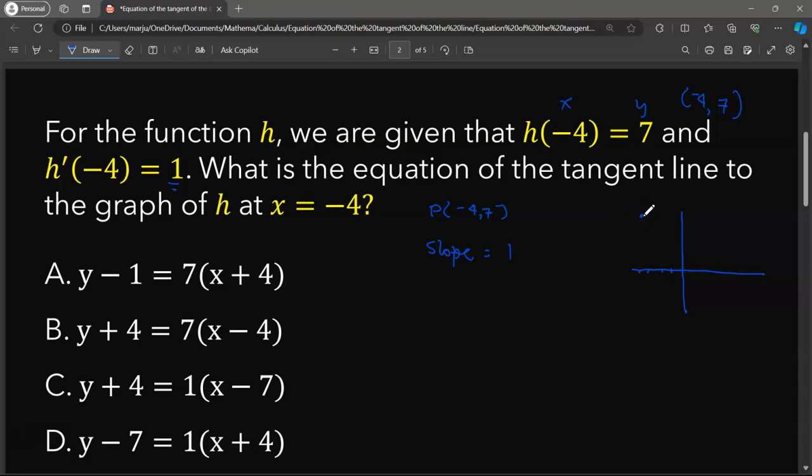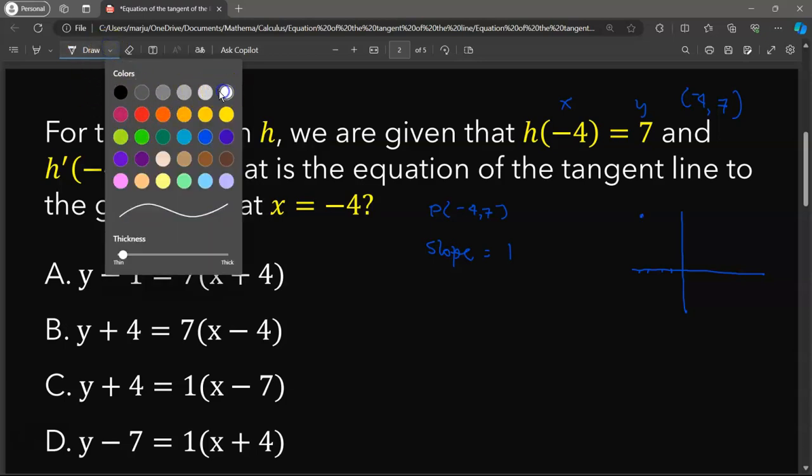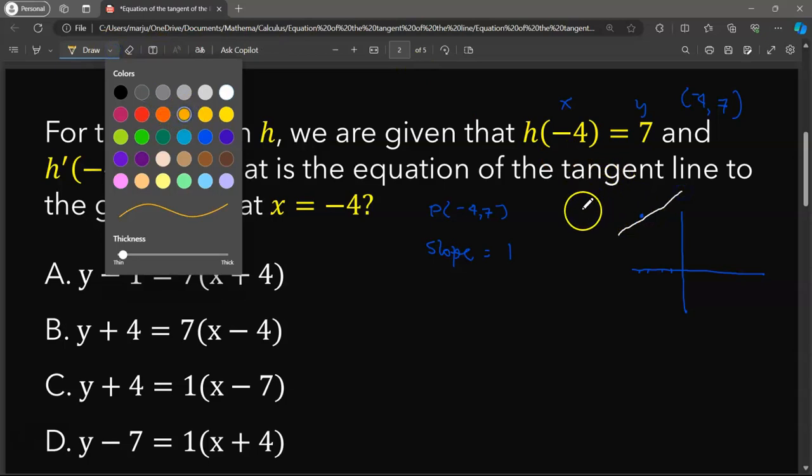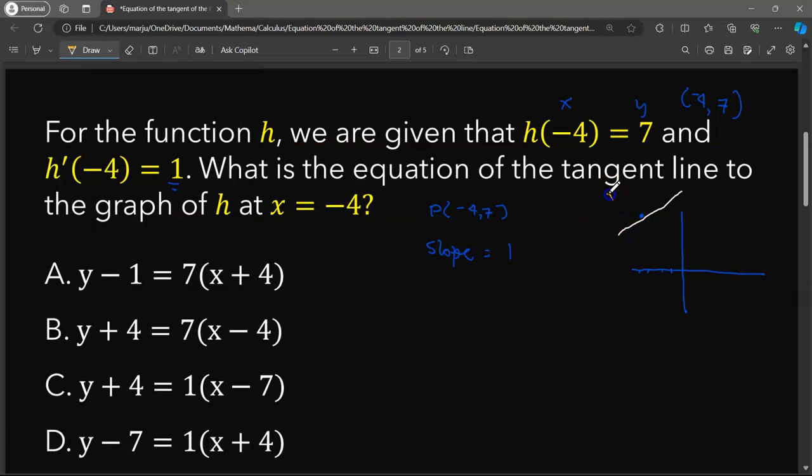We are asked, what is the equation of the tangent line that touches that function at x equals negative 4?